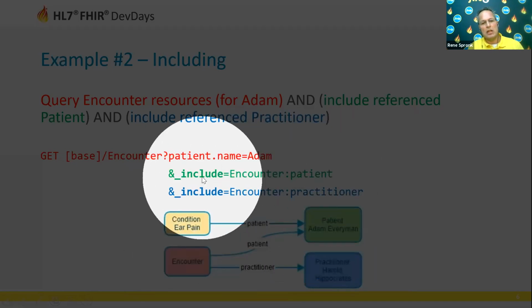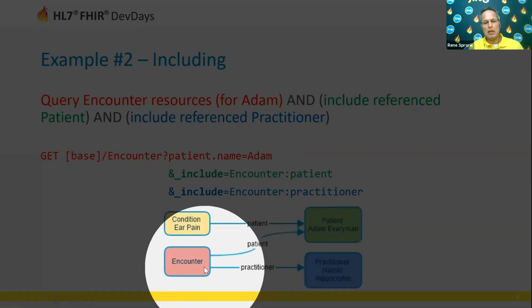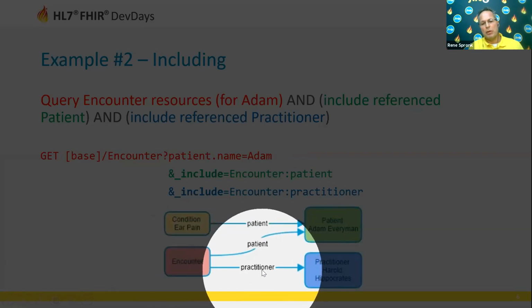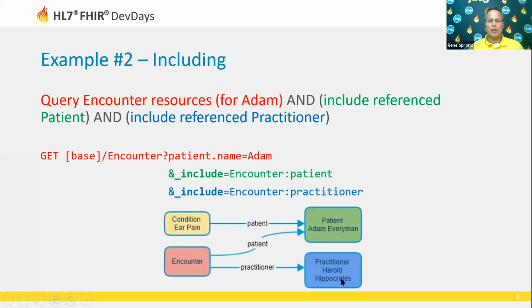So if I use _include=Encounter:patient, that will effectively result in the patient resource being included in the response bundle. And then in blue, _include=Encounter:practitioner, because again, for the encounter, we have a predefined search parameter, and that's called practitioner, and that gets me to the practitioner, so to speak. Hence, that include will work as well.